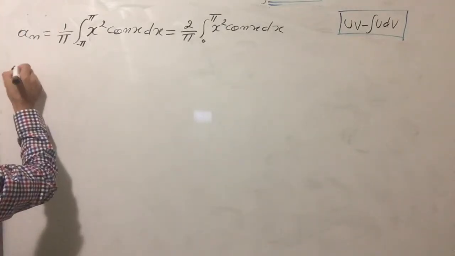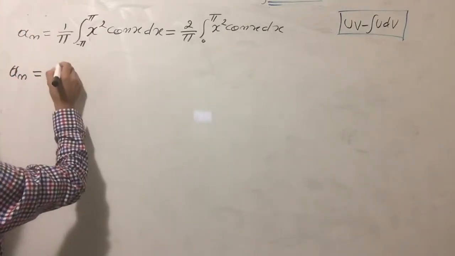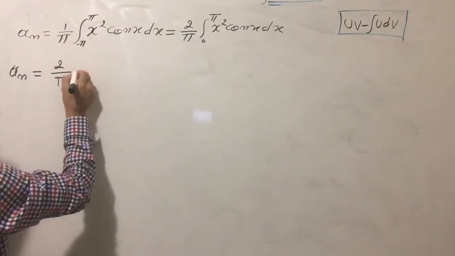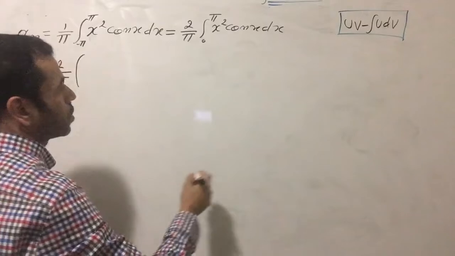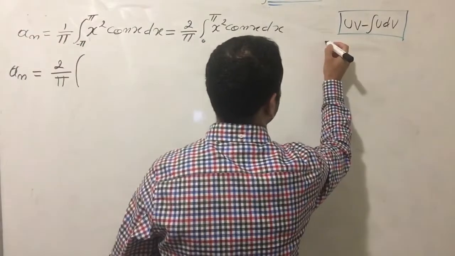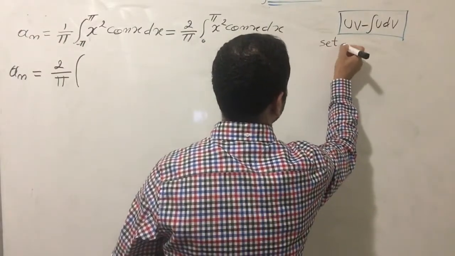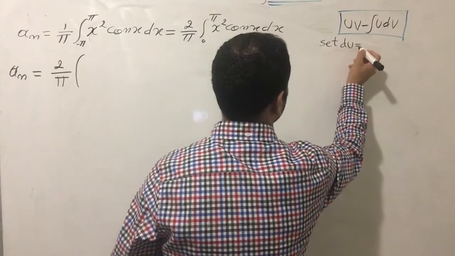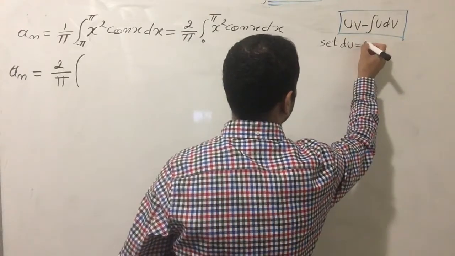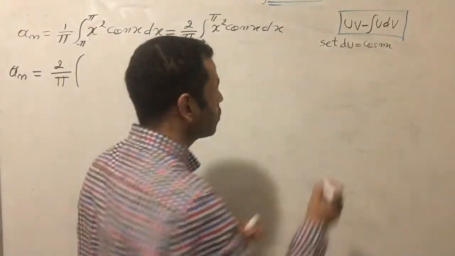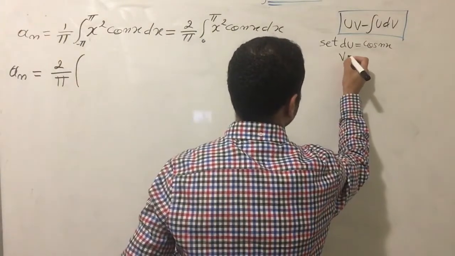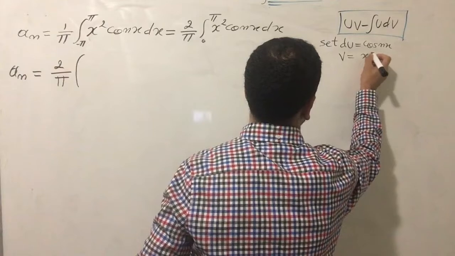Now I'm going to evaluate this. So I will have a sub n equal to 2 over pi. I'm going to set dv equal to cosine nx dx, and u equal to x squared.